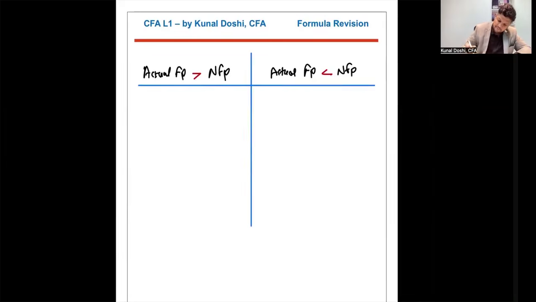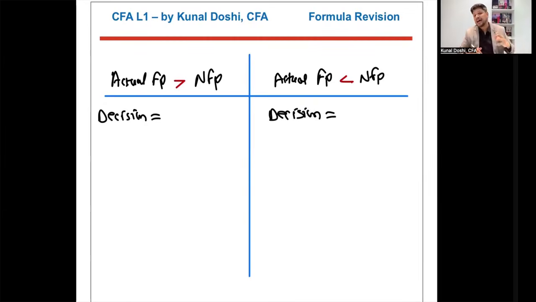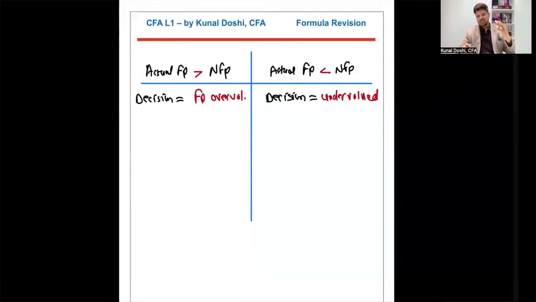The decision is whether the future is under or overvalued. If the actual future price is higher than the no arbitrage future price, we will say the future is overvalued. If the actual future price is below, we will say undervalued.